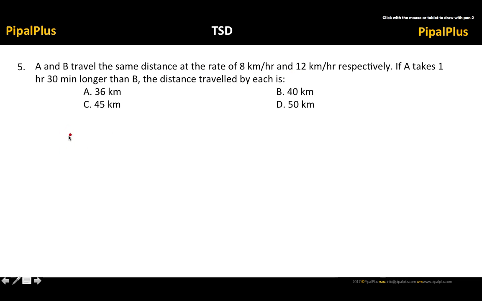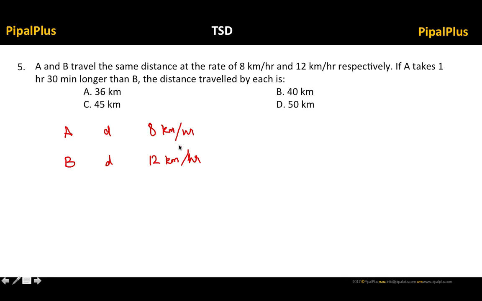Now let's look at how A's situation pans out. So A is covering whatever distance at 8 kilometers per hour, right? And let's say A takes, we'll come to the time here. Let's look at B's situation. So B is covering the same distance at 12 kilometers per hour.